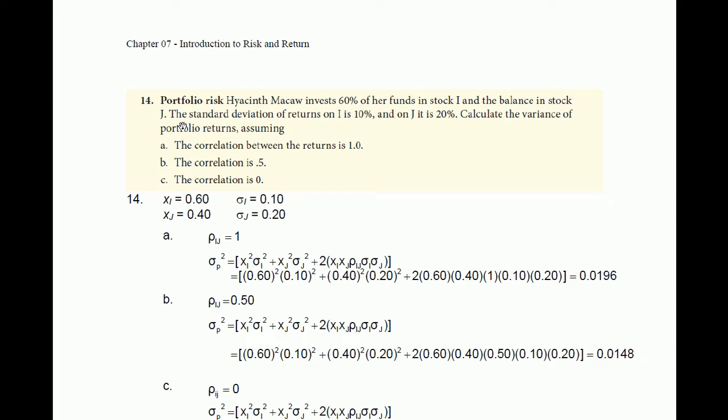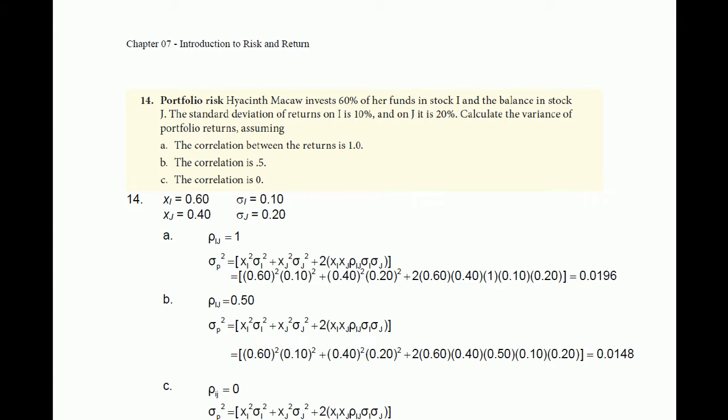Question 14, portfolio risk. The lady invests 60% of her funds in stock I and the balance in stock J. The standard deviation of returns on I is 10% and on J it is 20%.